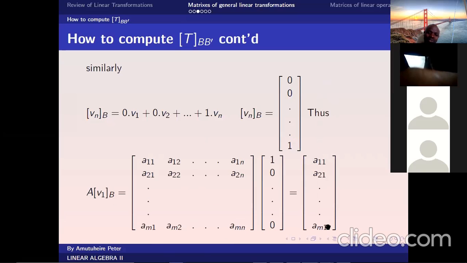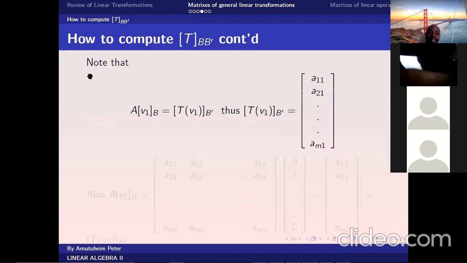So this is what we are talking about, that AV1 is a matrix whose dimension is m. So this is an m-dimensional vector. We can look at it as a vector, we can also look at it as a matrix.